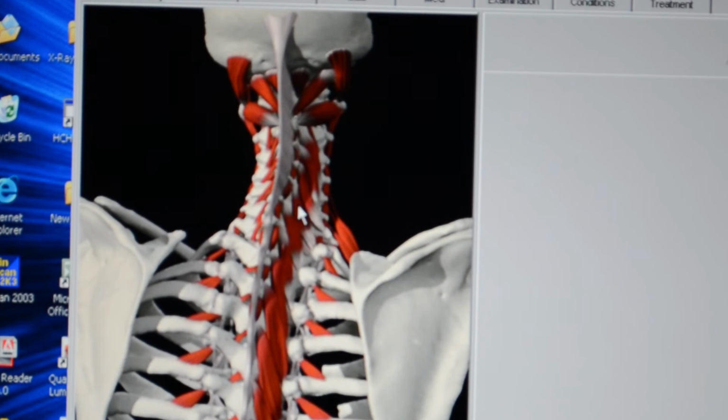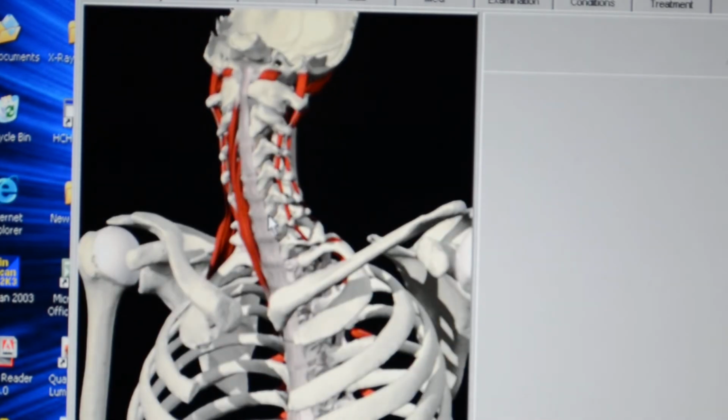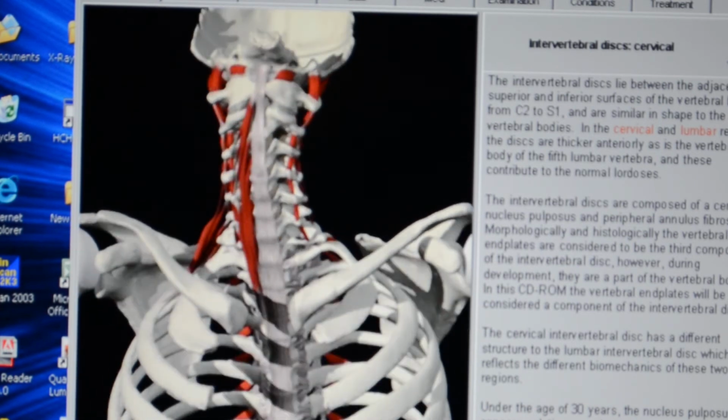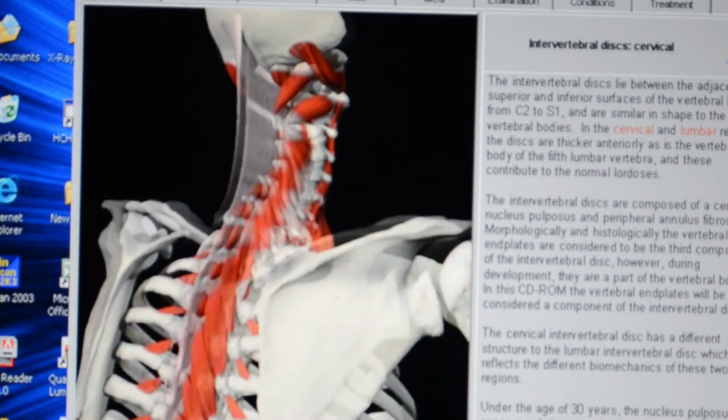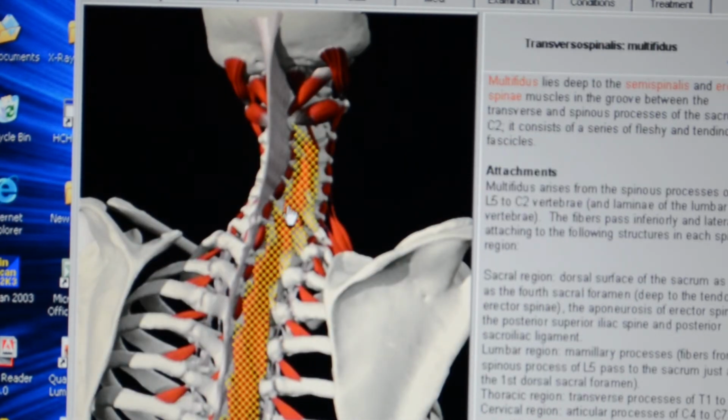Now what we're doing is we're putting stress on our discs and actually breaking down our discs, causing them to bulge and herniate and that sort of thing. So what we want to do is we want to always have a good functioning core stabilization system, which is these multifidus muscles, and these are the true spinal cores.